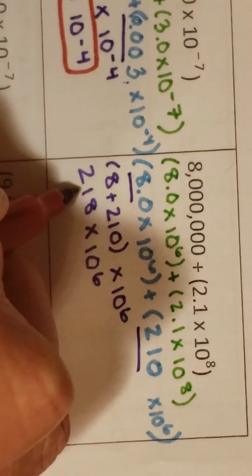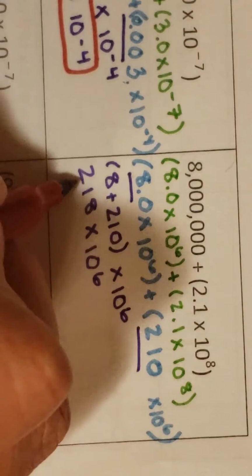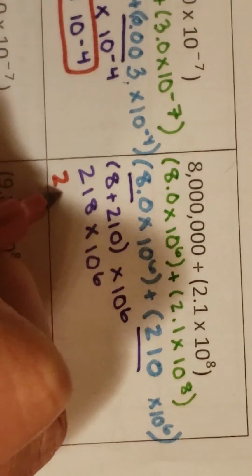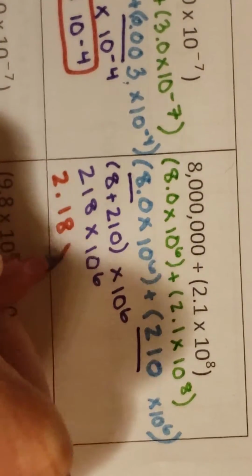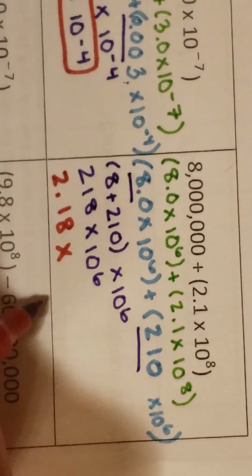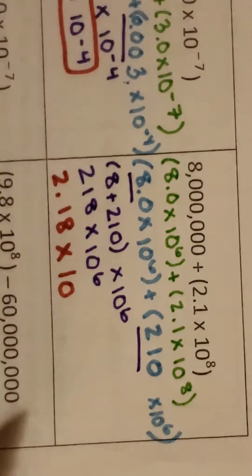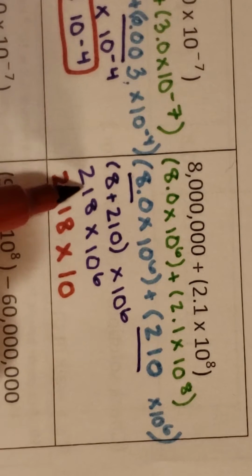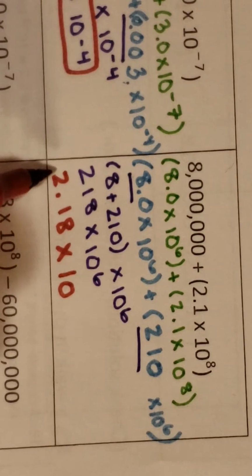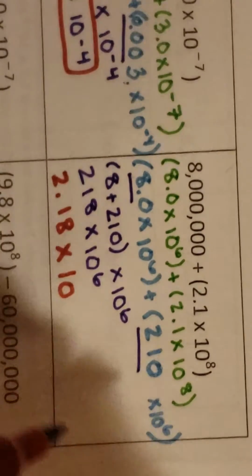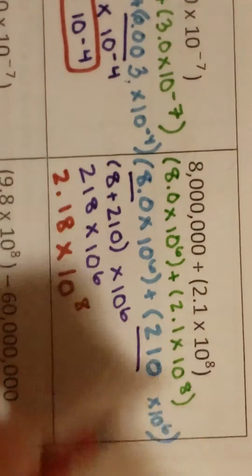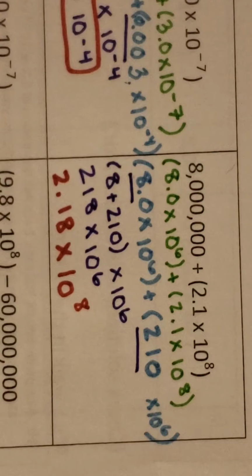Remember, the decimal goes between the first and second digits, so 2.18 times, and what now would our exponent be? I decreased by 2 powers of 10 between 218 and 2.18, so then I will increase the other side by 2 powers of 10 to get 8.